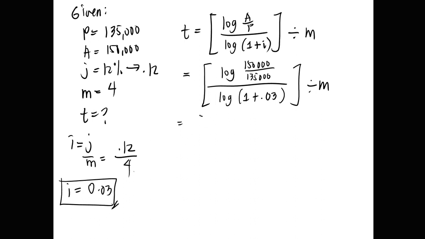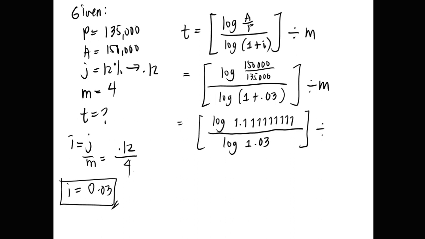So susulat muna natin sila ha. Ayan. So we have answer is 1.1111111111. So we have 2, 4, 6, 8, 9 ones. Okay? Divide by, of course, add lang natin yung dalawa. That is 1.03.